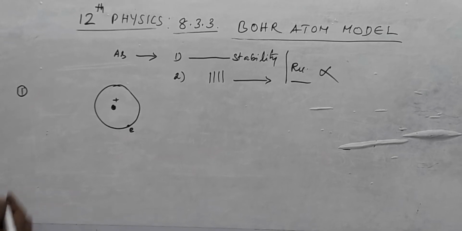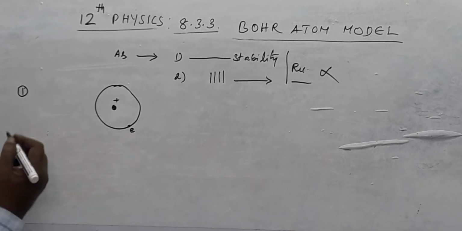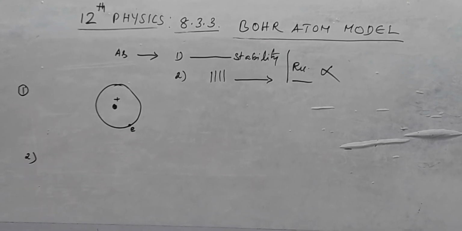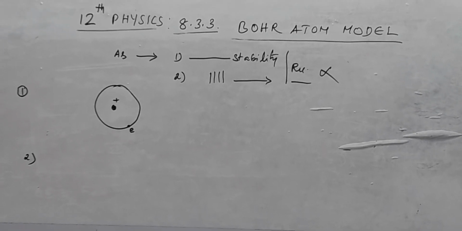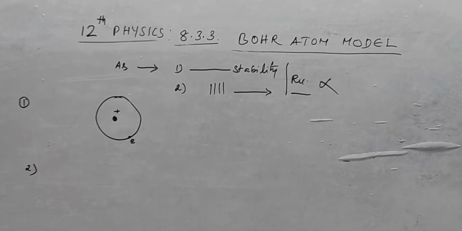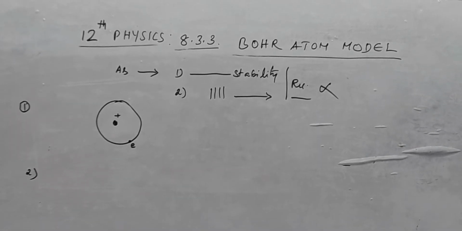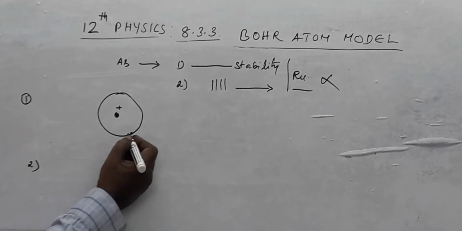Okay. The second hypothesis. The electron in an atom revolves around the nucleus continuously.